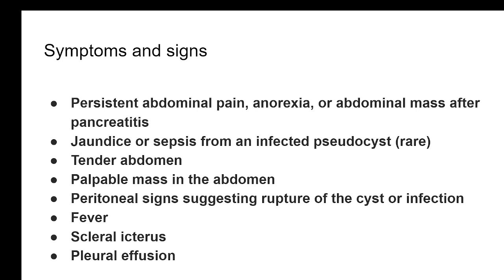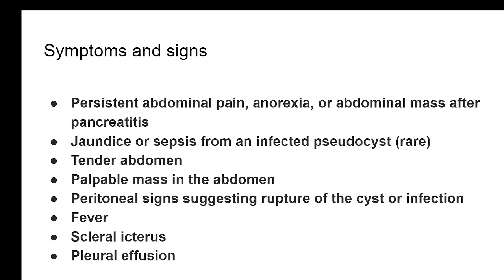They may produce a palpable mass in the abdomen, and a transmitted pulsation is characteristically seen. Many times the cysts may not produce any specific symptoms, and whenever they do, it could be just dull aching pain in the abdomen, persistent abdominal pain, anorexia, and a feeling of a mass.